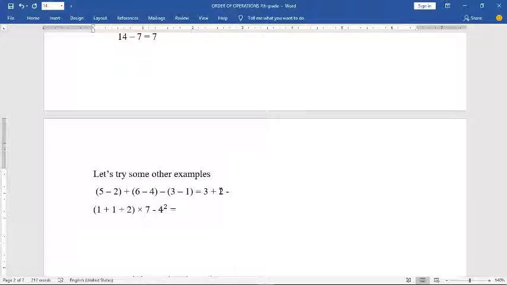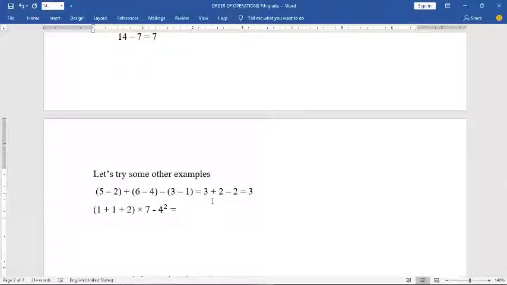Minus 3 minus 1 is 2 again. Now from left to right, we have 3 plus 2 is 5. 5 minus 2 is 3.